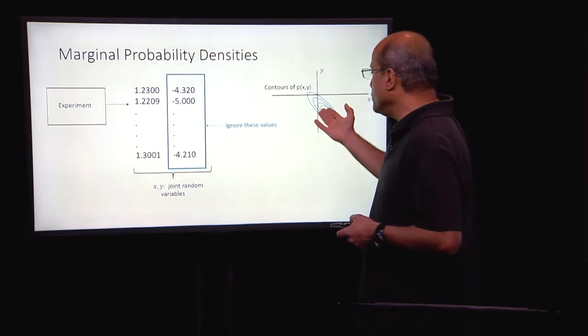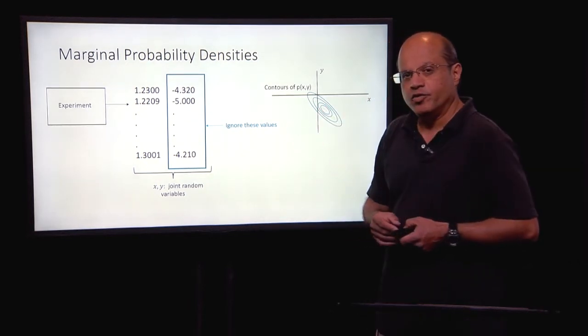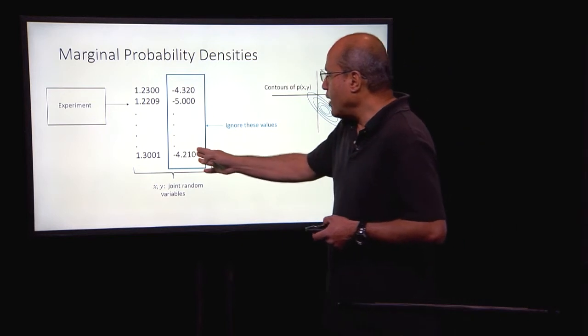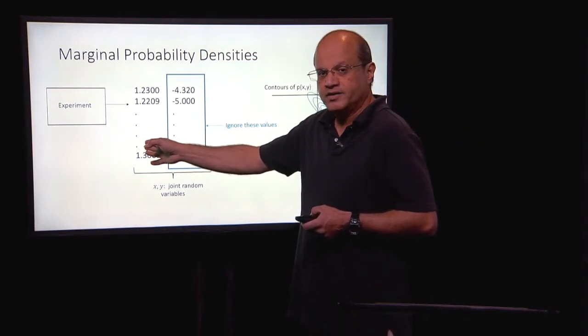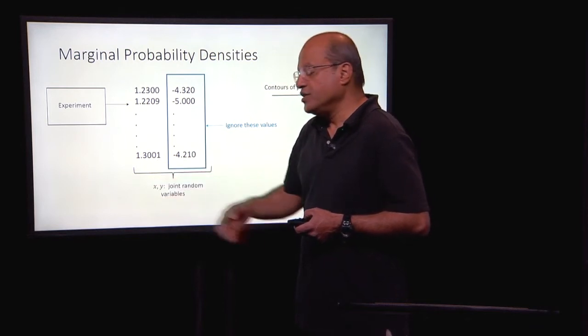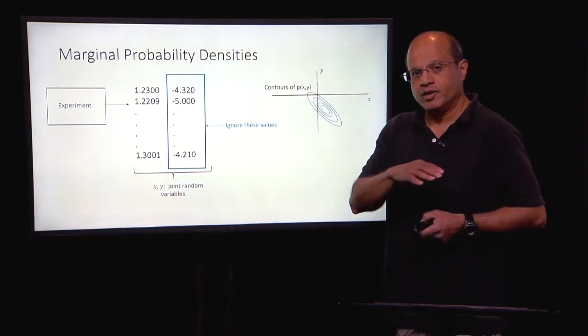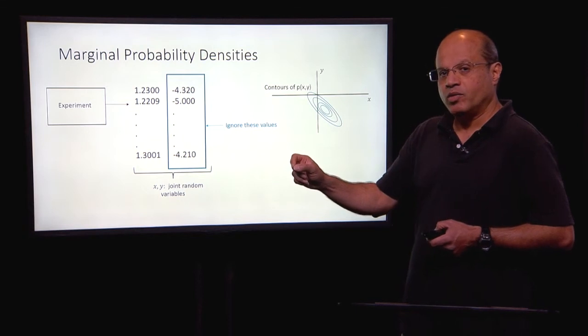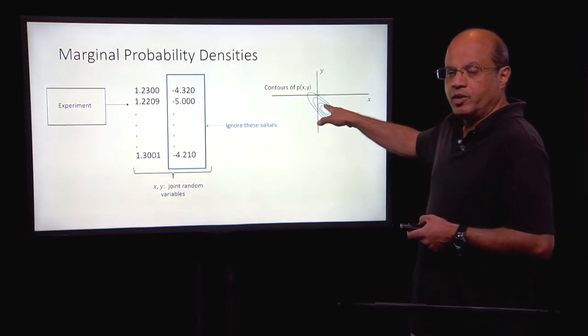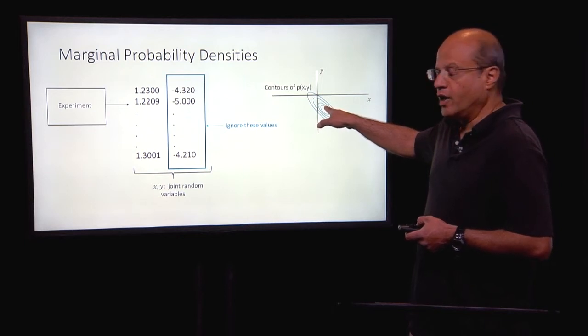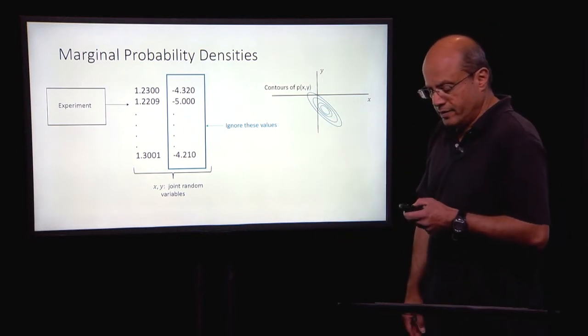But then we can do something interesting with this. We can say, okay, suppose I give you the joint density pxy, but now I choose to ignore y. I'm only going to look at values of x. That is, I'm only interested in x as a random variable, and then x will have its own probability density function, but surely it's related to this joint probability density function of x and y. And what's the relation between them?